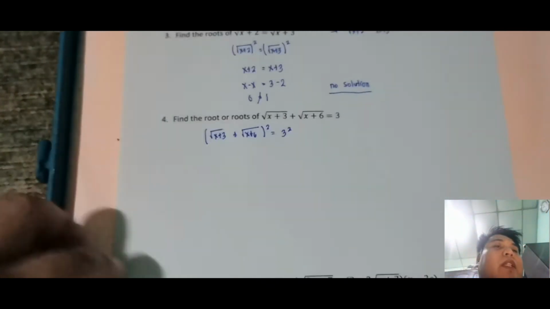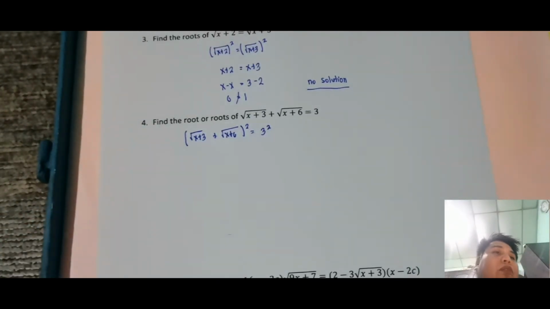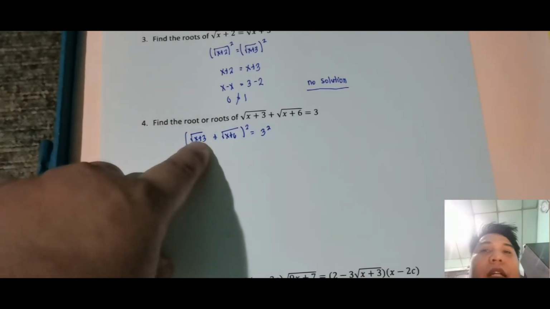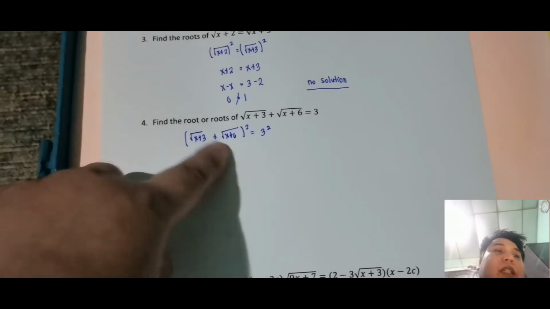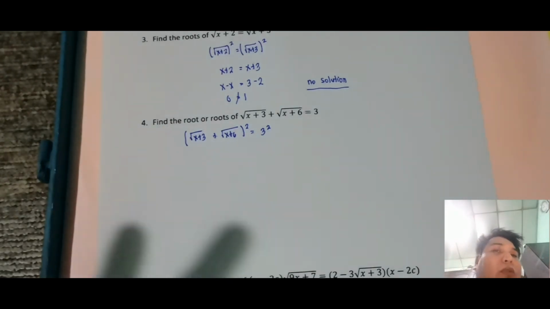Okay, so pansinin nyo yung nakalagay sa kabila. Hindi lang basta makakancel si square root of x plus 6. Kumbaga, x plus 3 plus x plus 6, hindi pwede yun. Okay? Ang idea niyan, siya ay binomial na i-square ko.